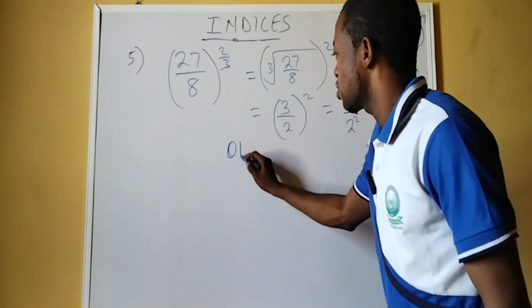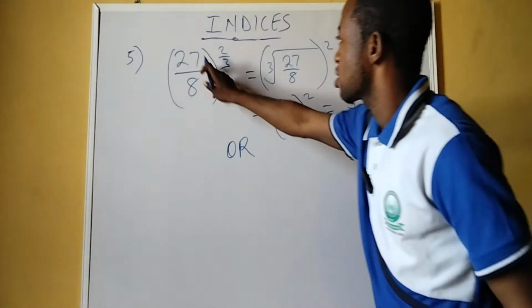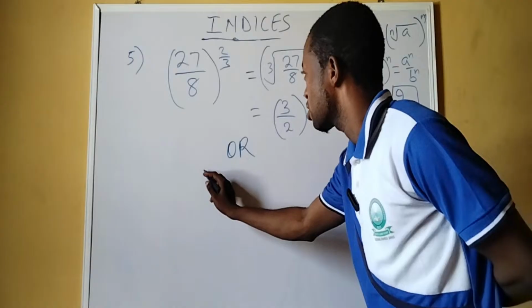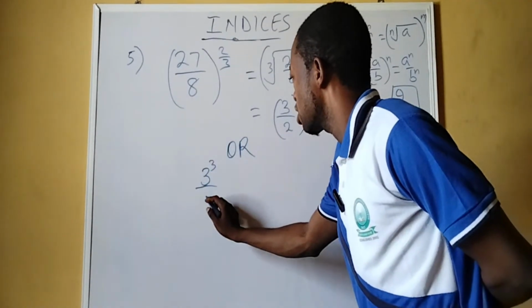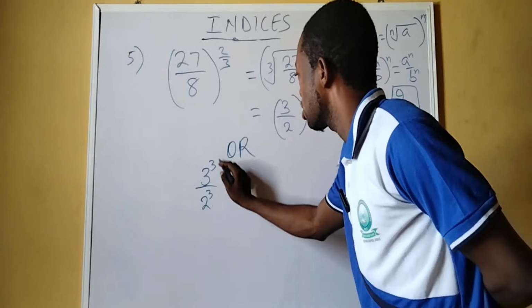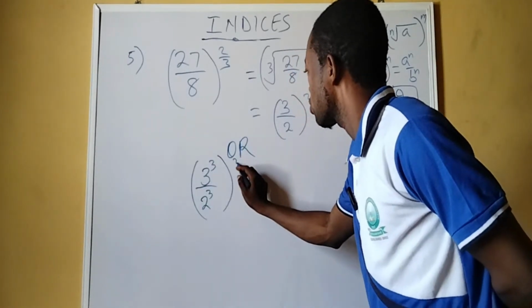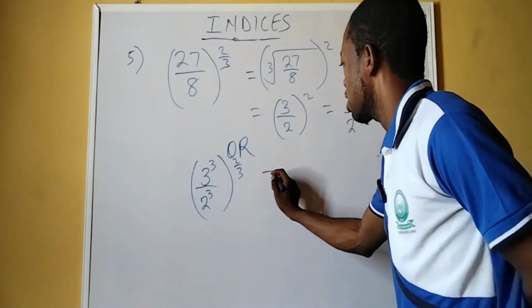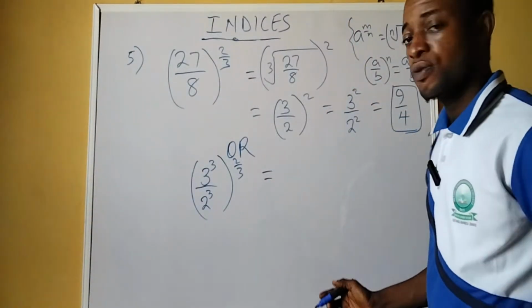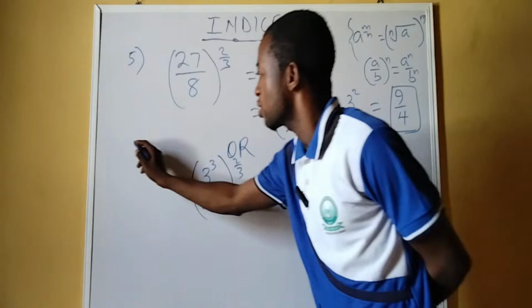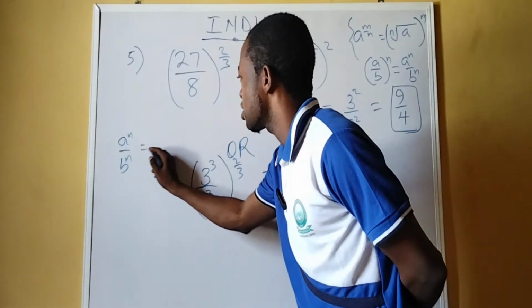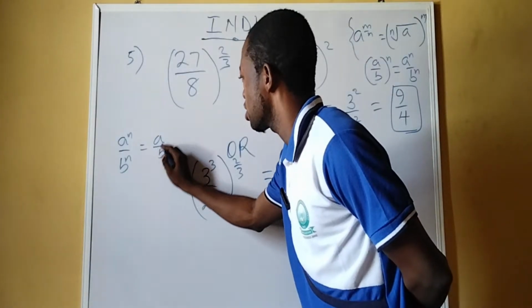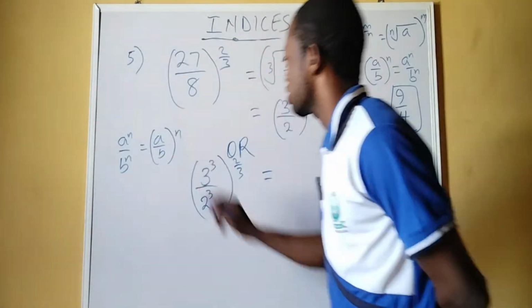Or if you don't want to do it that way, we can say that 27 is the same thing as 3 raised to power 3, over 8, that's 2 raised to power 3, then all raised to power 2 over 3. And also, from the law, it is the same thing when we have a raised to power n over b raised to power n. This is the same thing as a over b, all raised to power n.